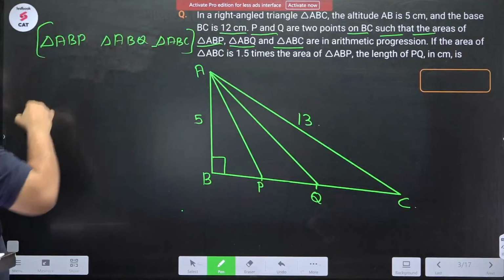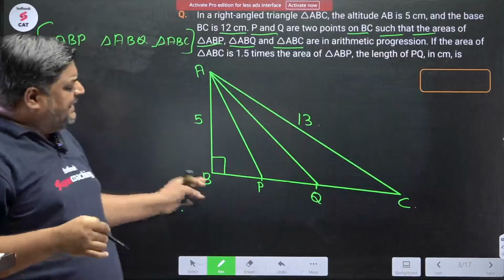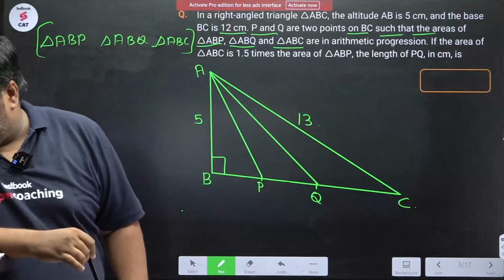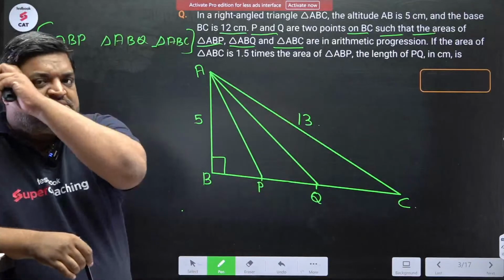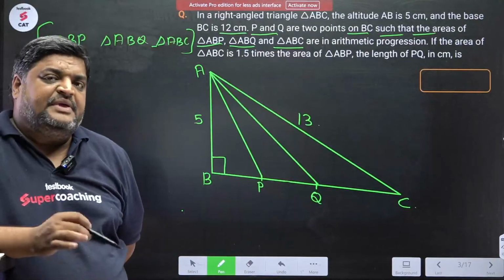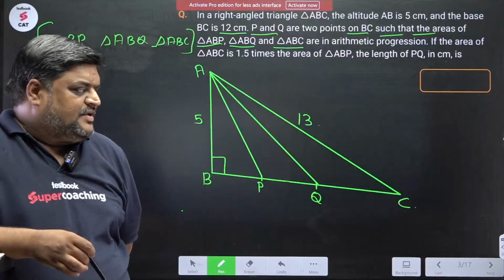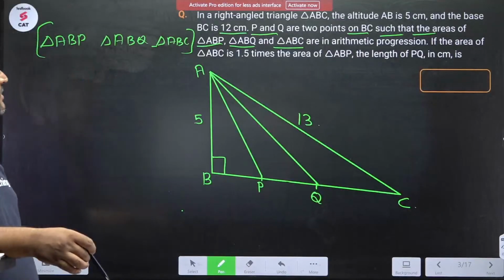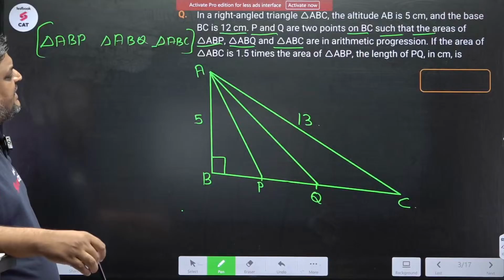The areas of these three triangles are in AP. Try to locate the triangles in the diagram. इन triangles को diagram में locate करने की कोशिश करो. Their areas are in AP. Okay, very good. Moving ahead.